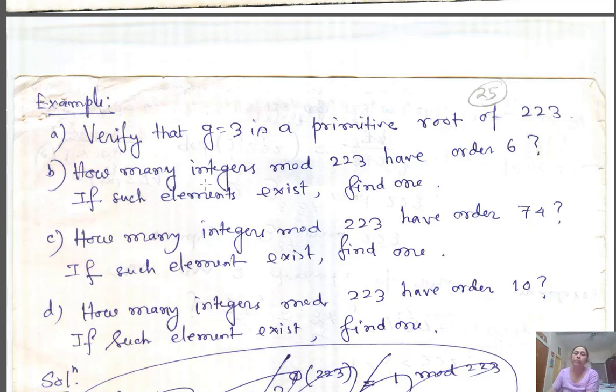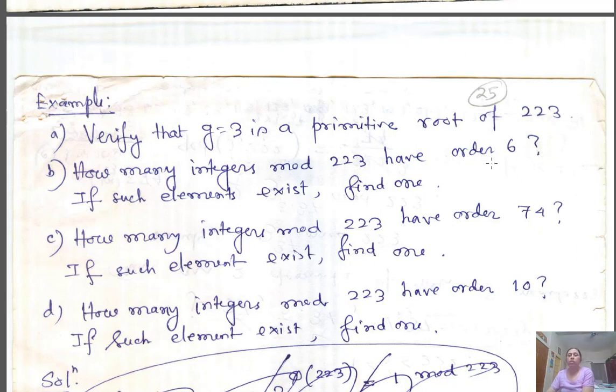Next is how many integers modulo 223 have order 6? If you take an element which is co-prime to 223, how many elements have order 6?